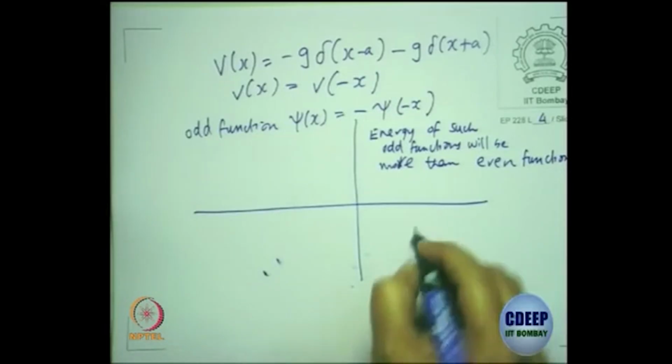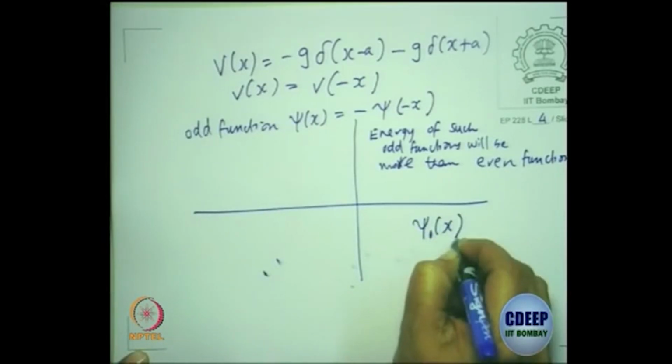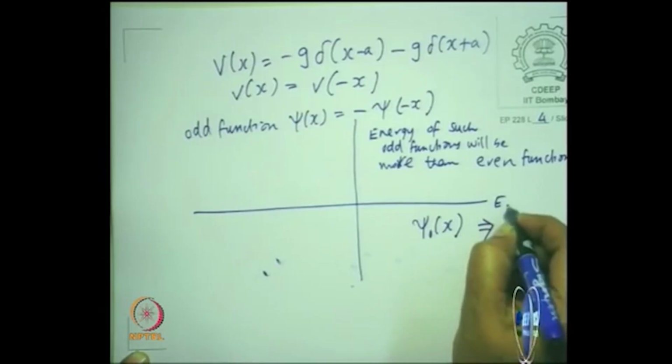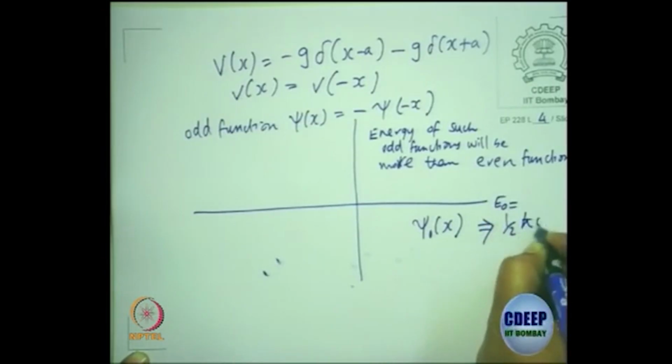Or equivalently, your ground state psi 0 of x energy was half h cross omega, right? Is that right?